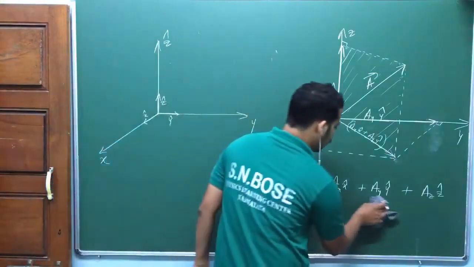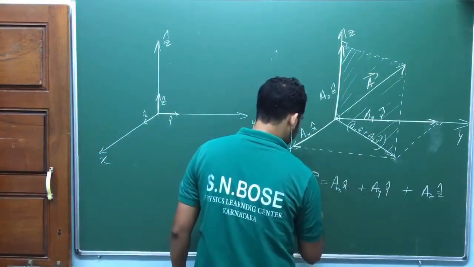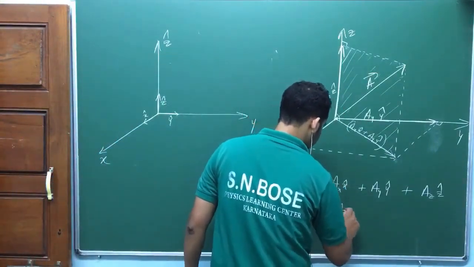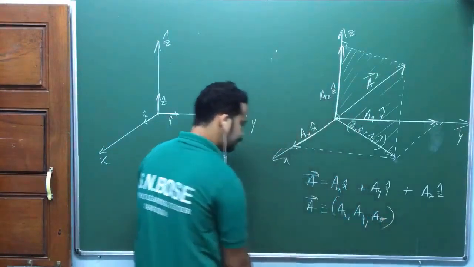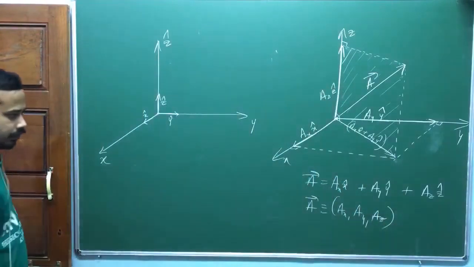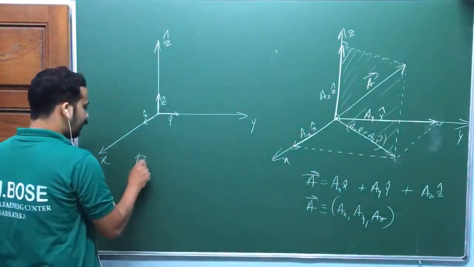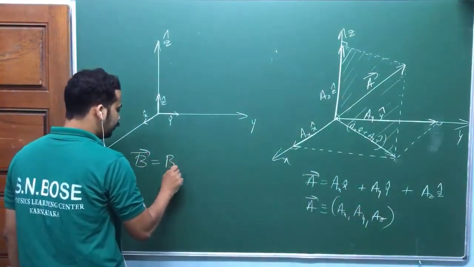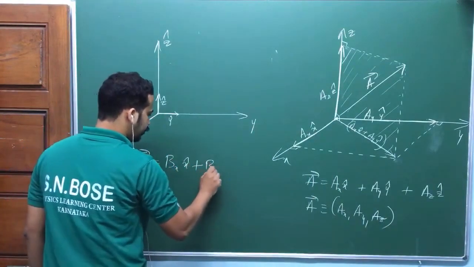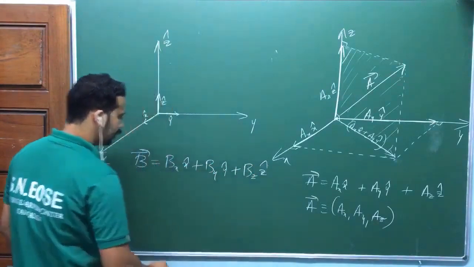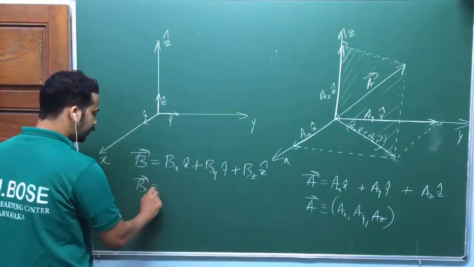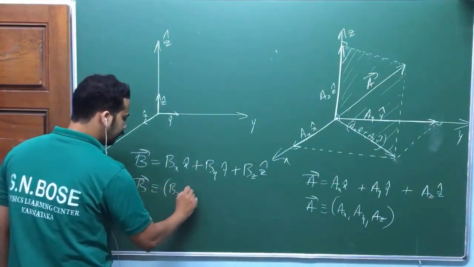And we say in this case usually vector A is represented by its components Ax, Ay, Az, isn't it? If you have defined another vector like this, bx into x cap plus by into y cap plus bz into z cap, then you can say vector b is represented by bx, by, bz.